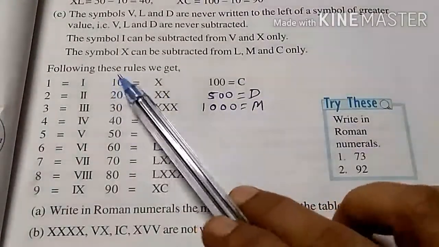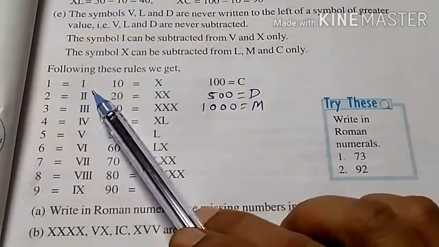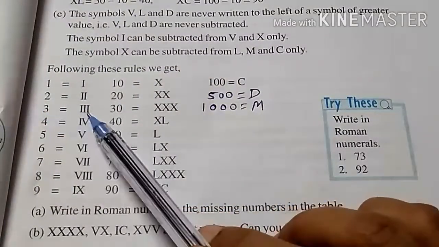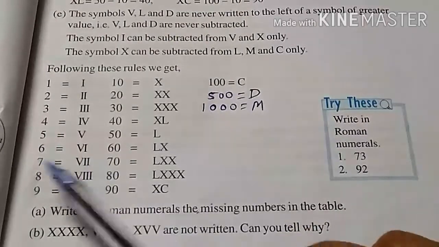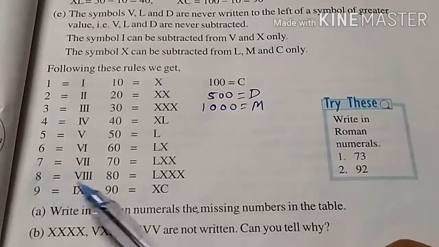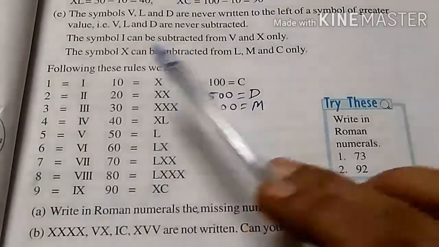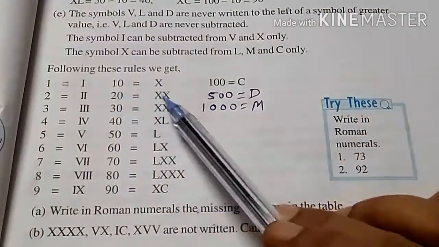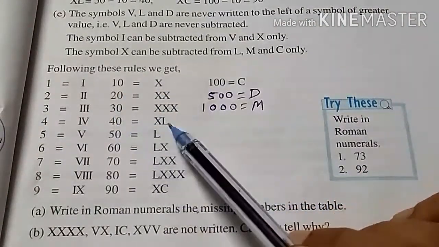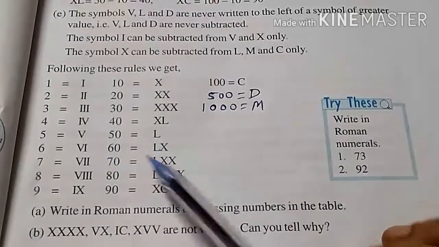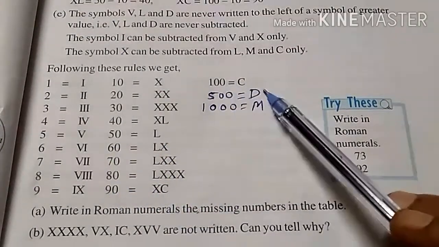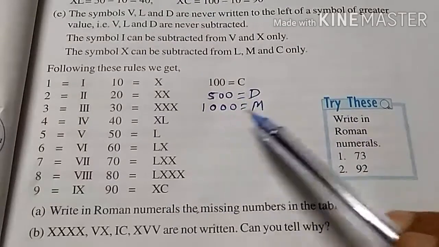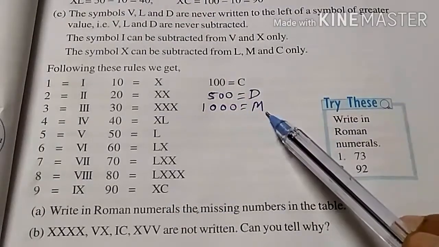So, following these rules, we get 1, 2, 3, 4, 5, 6, 7, 8, 9, 10, 20, 30, 40, 50, 60, 70, 80, 90, 100, 500 and 1000.